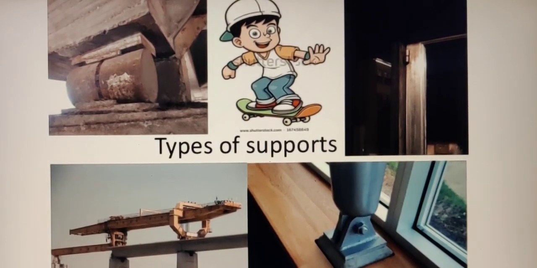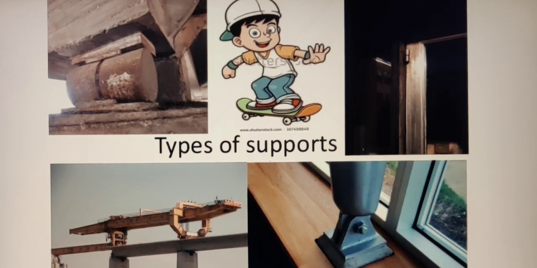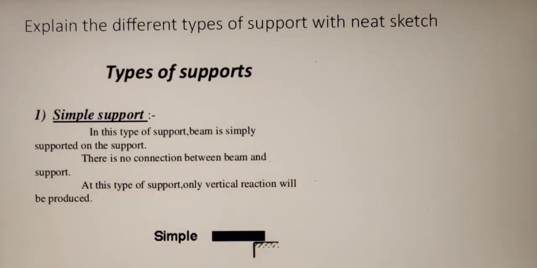Now we will see the different types of supports. The first type of support is known as simple support. In this type of support, the beam is simply supported on a support, or there is no connection between the beam and the support. Here for a simple support, the end of the beam rests simply on a rigid support.